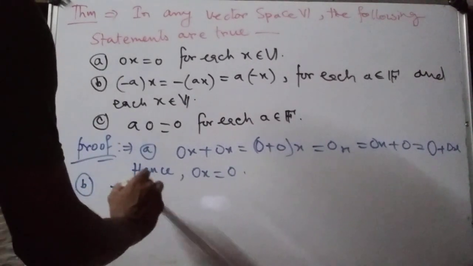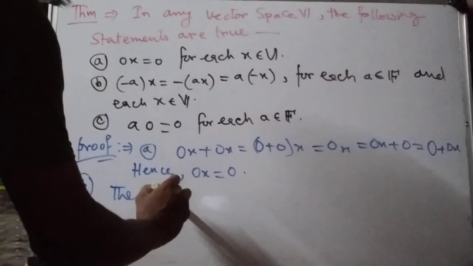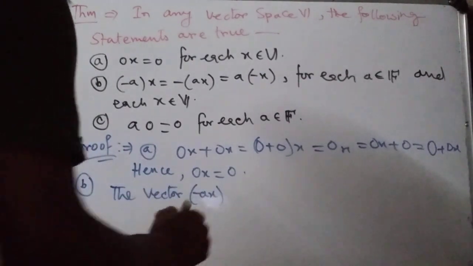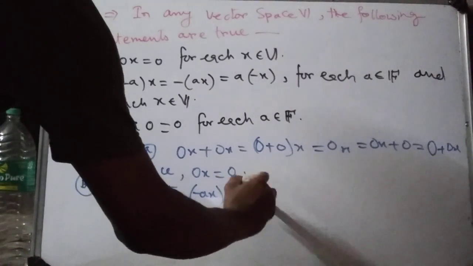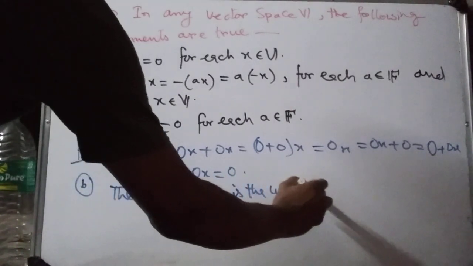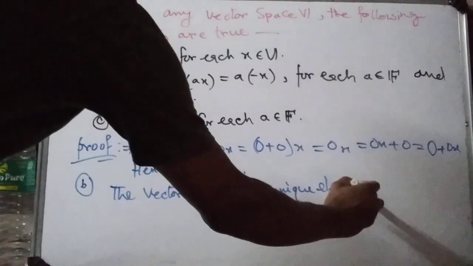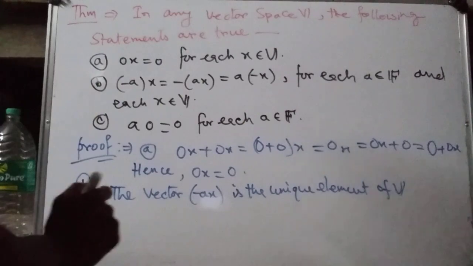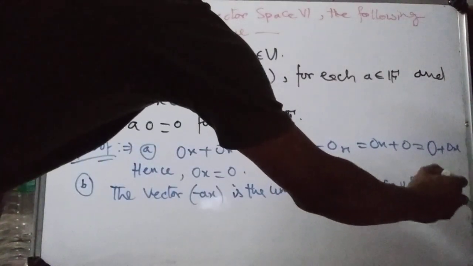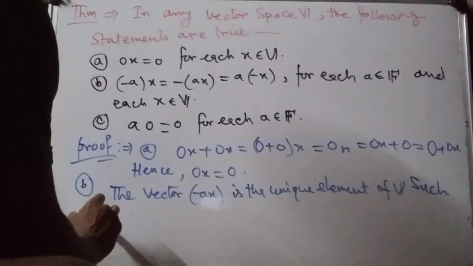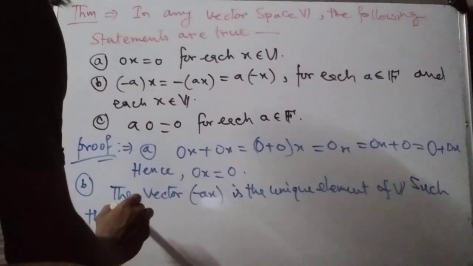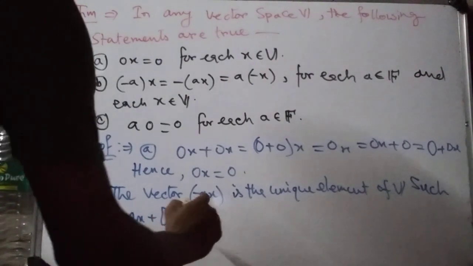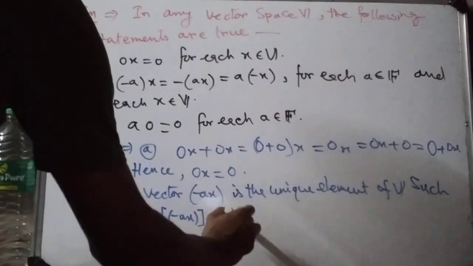The vector minus ax is the unique element of V such that ax plus minus ax equals 0.